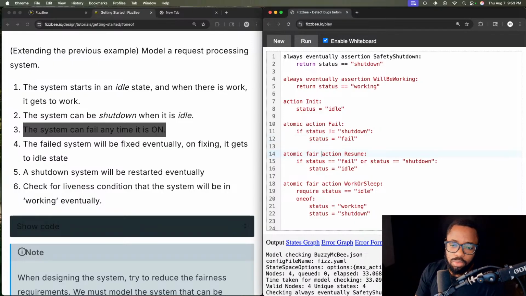I think you also want fairness here. But I don't know if you want strong or weak fairness.